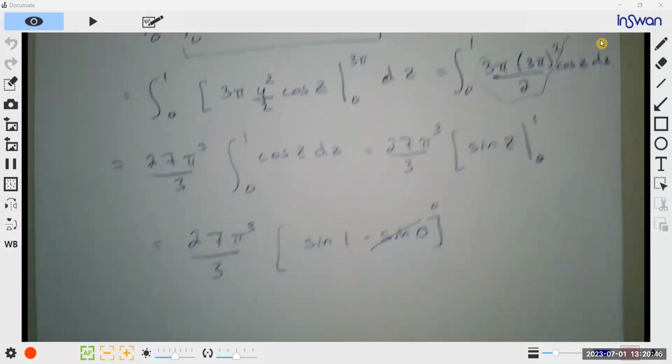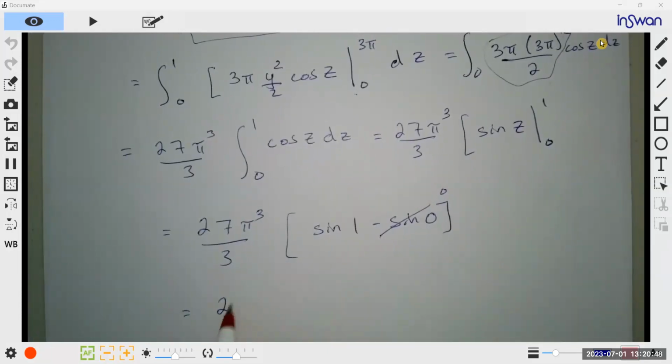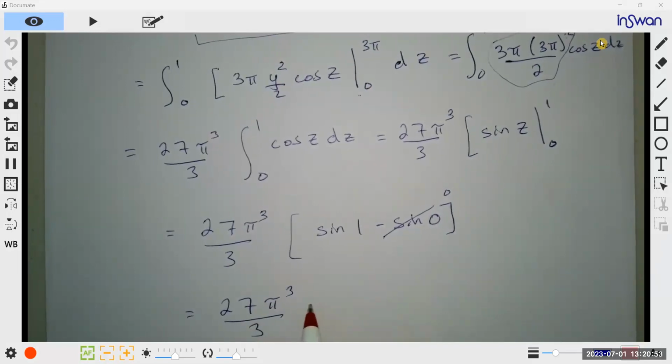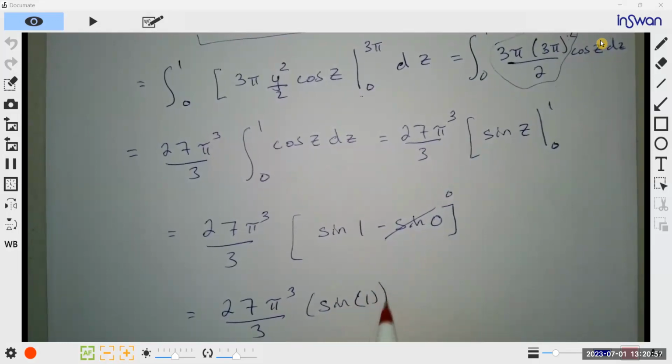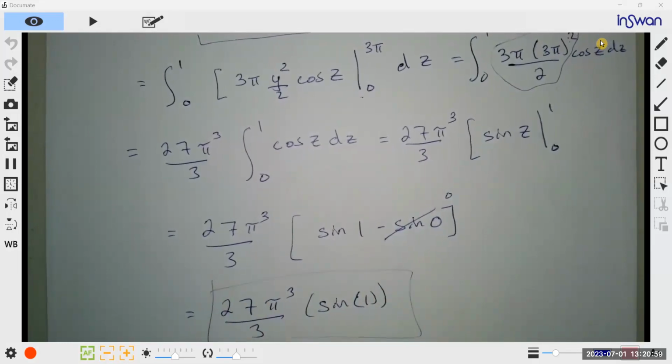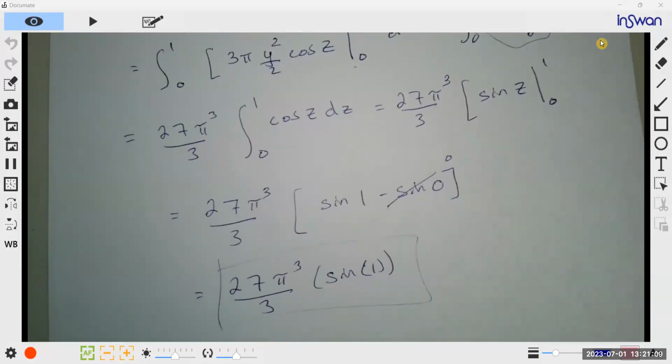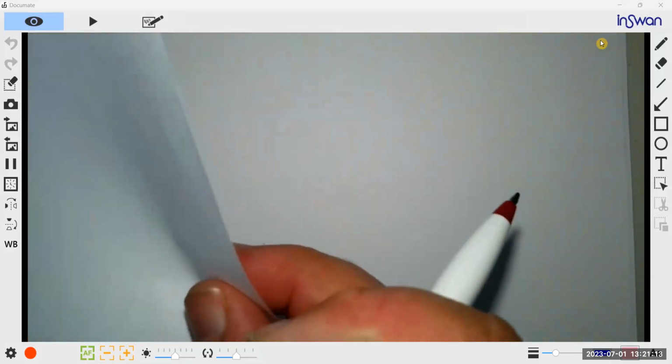Sine of 0 is 0. And there's our answer, because whatever sine 1 is going to be in radian measures. That's number 2. Let's look at number 3.